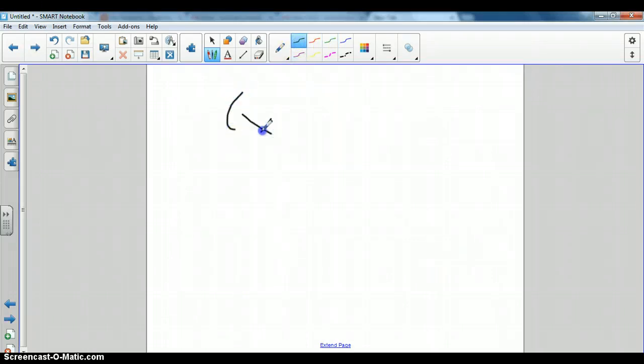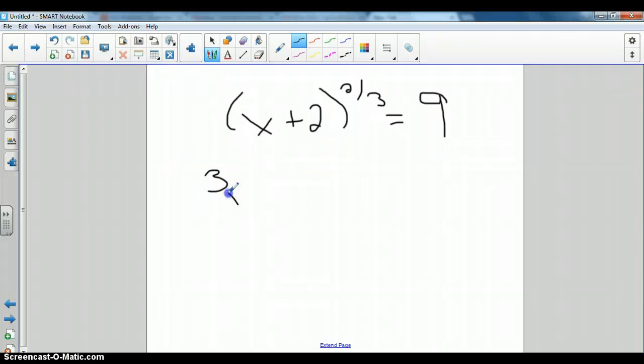We have x plus 2 to the 2/3 equals 9. Okay, 2/3 is basically a square root because this really looks like this.